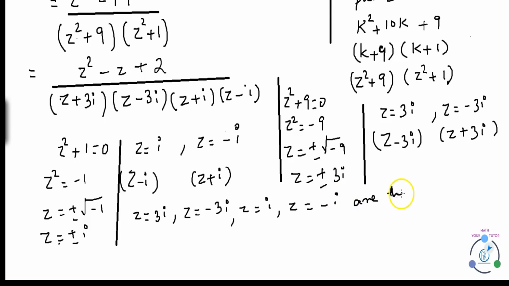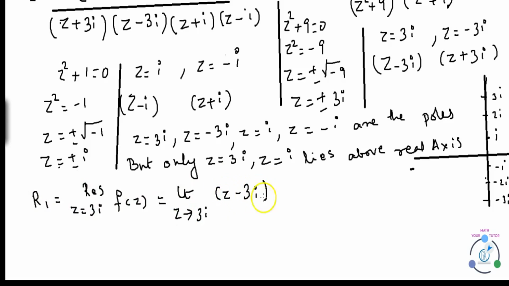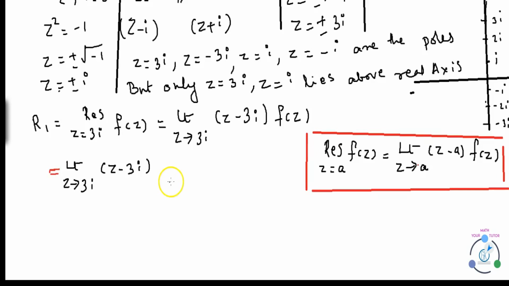In type 2, we find the residues of only above real axis poles. Here z is equal to 3i and z is equal to i lie above the real axis. To find the residue at z is equal to 3i, use Cauchy's residue formula: limit z tends to a, (z minus a) f of z.